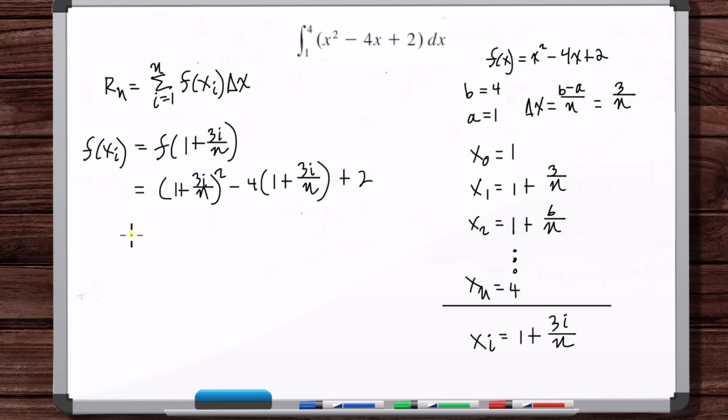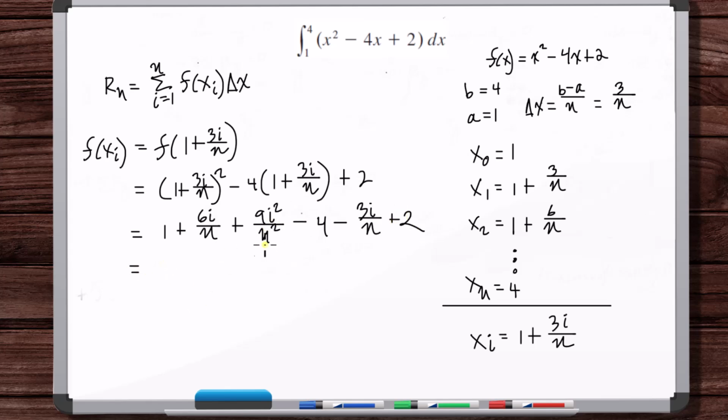So let's simplify this. If we expand this, we get 1 plus 3i over n plus 3i over n is 6i over n plus 9i squared over n squared minus 4 minus 3i over n plus 2.